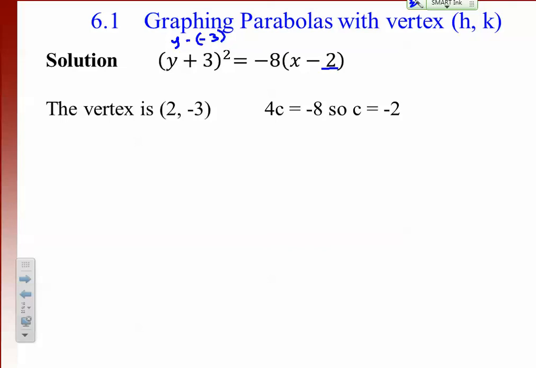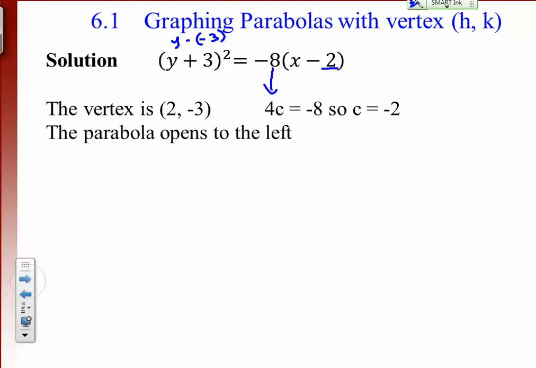And we know that this 8 equals 4c, so c has to equal negative 2. So when the c is negative, that means what? Does it open up to the left or to the right? We know it's left-right because it's a y plus something squared. Okay, so when it's negative, it opens up to the left.